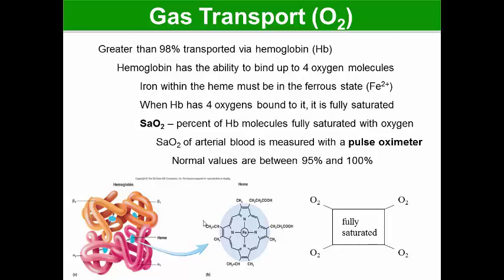And in the heme moiety of hemoglobin, we have iron in the ferrous state. And when each molecule of hemoglobin has 4 molecules of oxygen bound to it, the hemoglobin molecule is fully saturated.